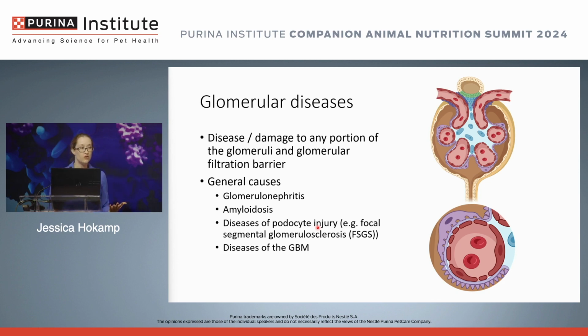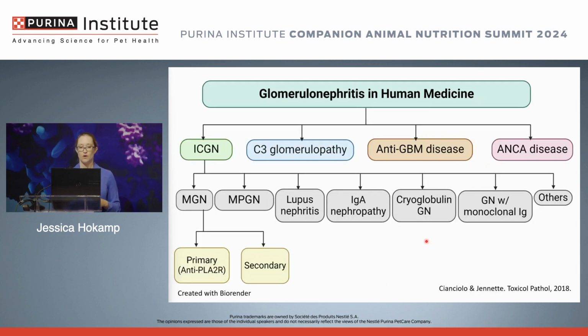So just in general, causes of glomerular damage would be glomerulonephritis, which we will be focused on today, amyloidosis, diseases of the podocyte or injury to the podocytes, such as focal segmental glomerulosclerosis, so sclerosing diseases, and diseases of the glomerular basement membrane.